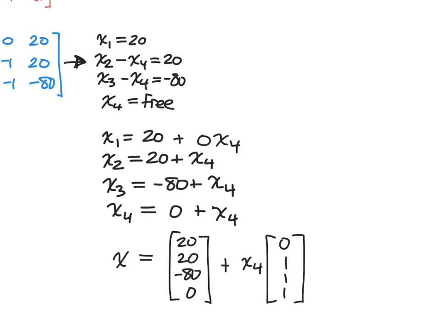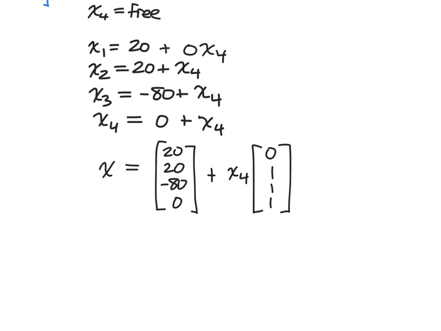However, because of the non-negative condition, we want a non-negative flow. If every node is going to show a non-negative value, the condition is that x4 has to be greater than or equal to 80. Otherwise, x3 would be less than 0.